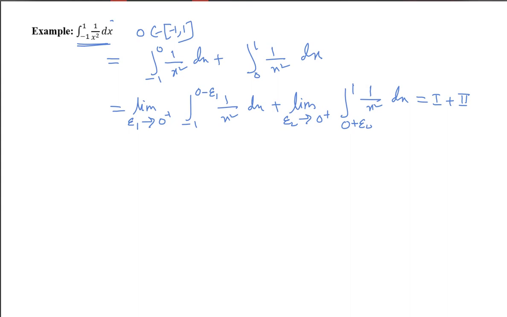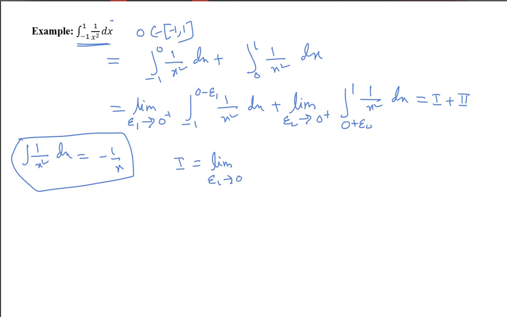Now you see, what will be the first I1? First you tell me what is the integration of 1 by x square dx. Minus 1 by x. So this is minus 1 by x. Okay, fine. So now what will be your I1?